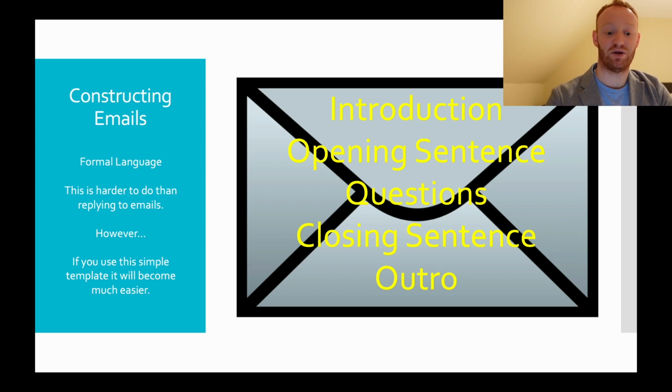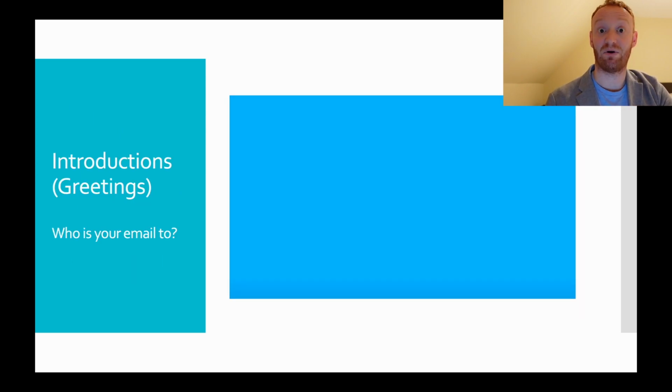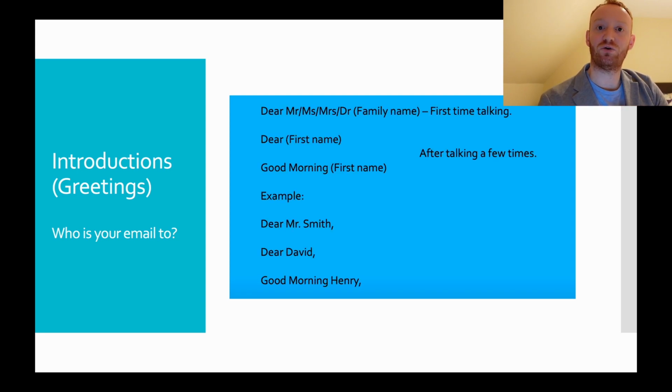So first of all, let's look at our introduction, our greeting. Who is the email for? When you email someone for the first time, you're going to put dear and then their title, so Mr., Mrs., Miss, or Doctor, and then you're going to use their family name.